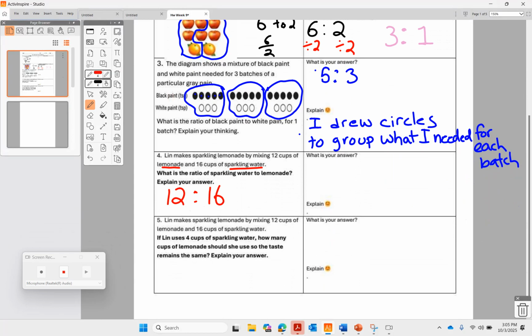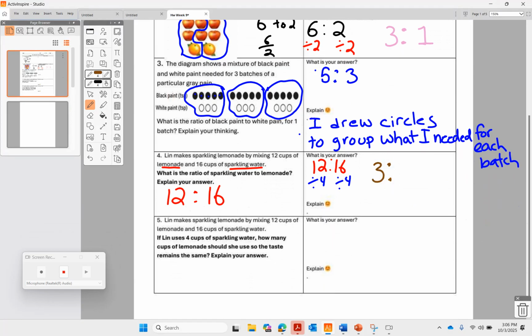I wrote 12 to 16. Now, it doesn't say reduce, but I am going to reduce or simplify because both of these are divisible by 4. 12 divided by 4 is 3, and 16 divided by 4 is 4.